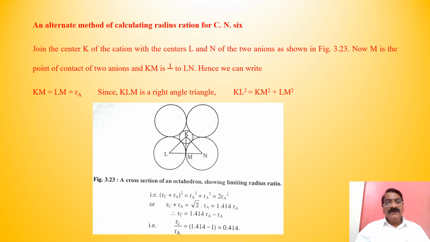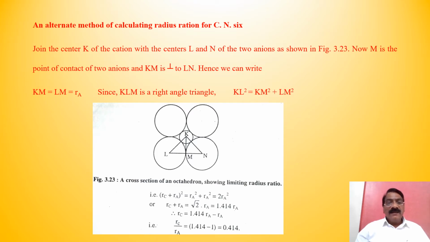See in the figure particularly, we have the cross section of this 6 coordinated cation, a cross section of octahedron, and here it is the limiting radius ratio case.